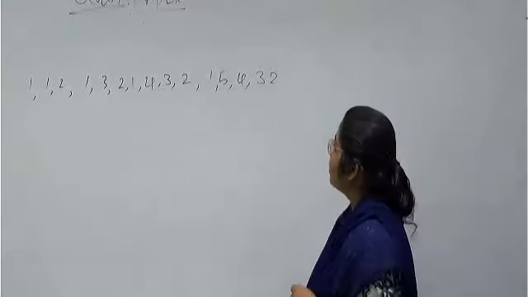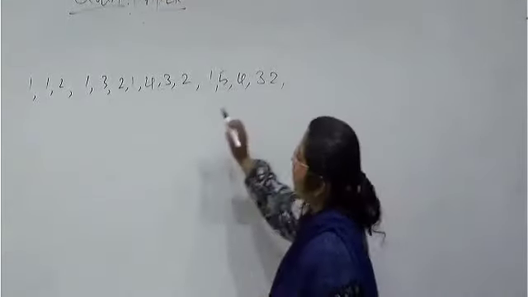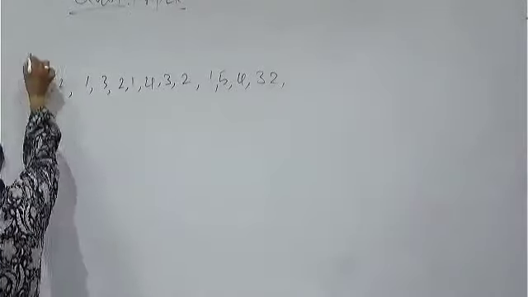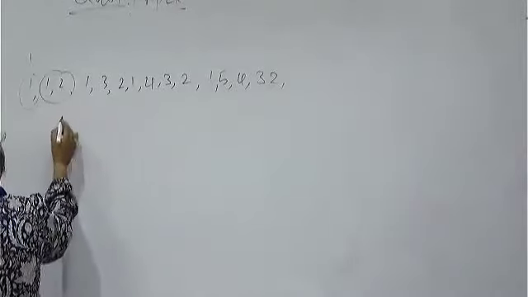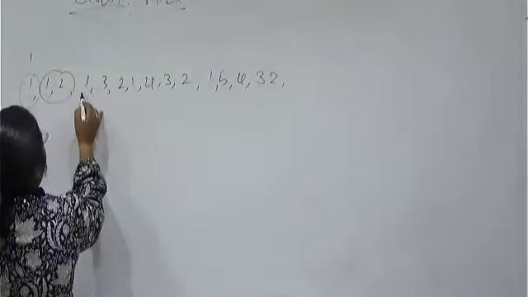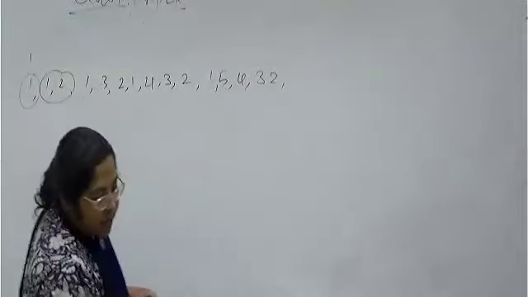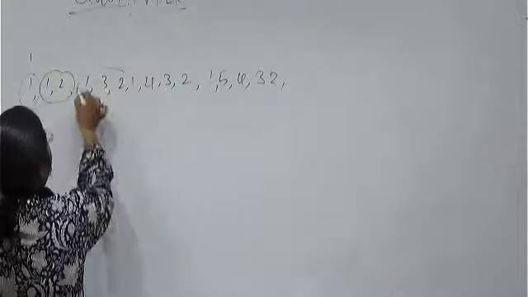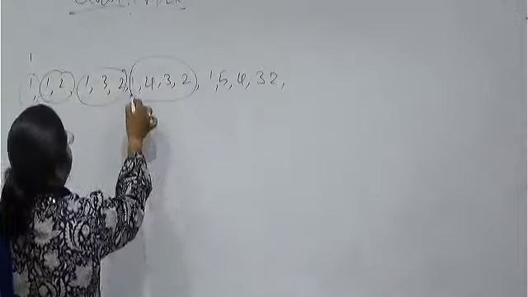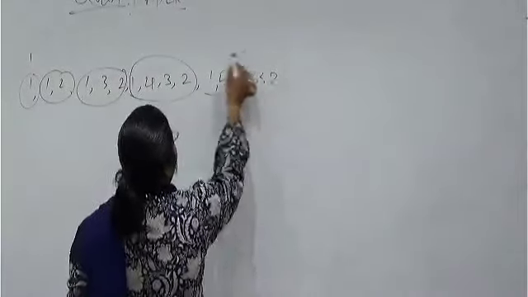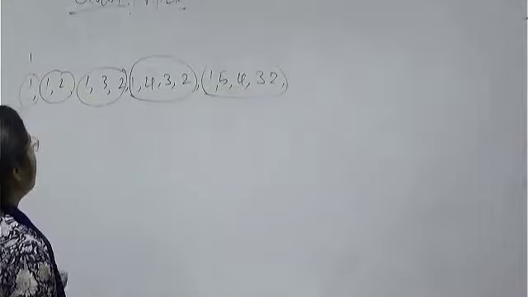Next it would be what? Okay, this is one set. The next set is the second set, then you will make it the third set, then the fourth set, then the fifth set.